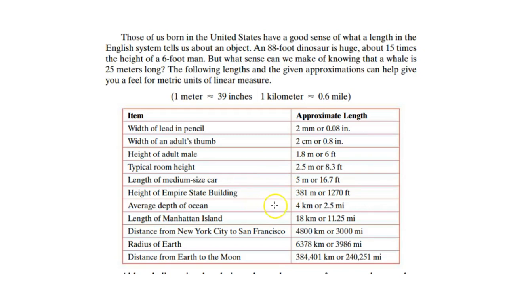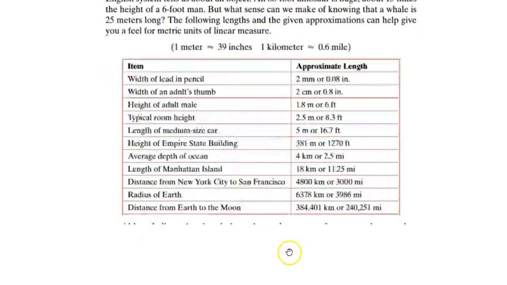Average depth of an ocean, 4 kilometers. Length of Manhattan Island, 18 kilometers. Distance from New York to San Francisco, 4,800 kilometers. Radius of the Earth, 6,378 kilometers. Distance from Earth to Moon, 384,401 kilometers.